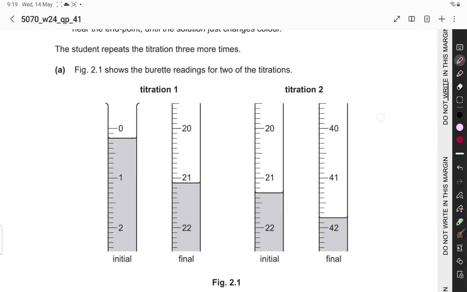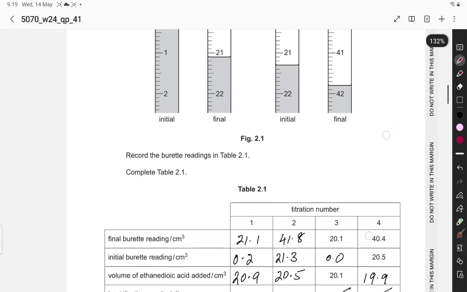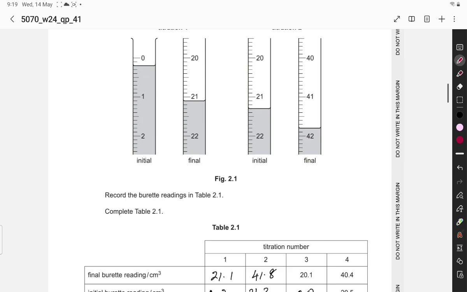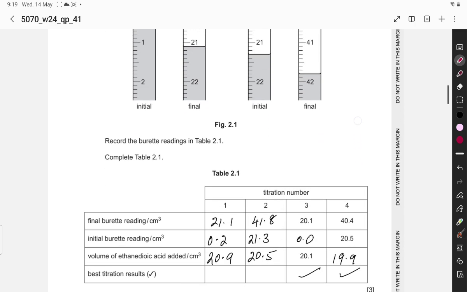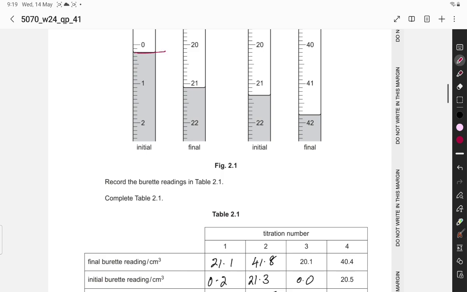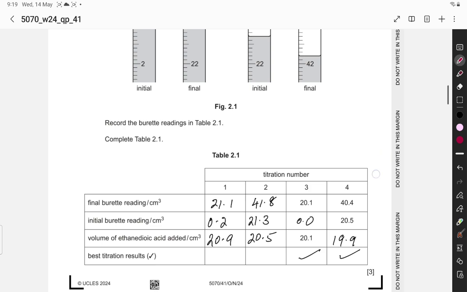The student repeats the titration 3 more times. Figure 2.1 shows the burette readings of 2 titrations. So this is the burette reading. The final burette reading for titration 1 is 21.1 and the initial is 0.2, and the volume used is 20.9.